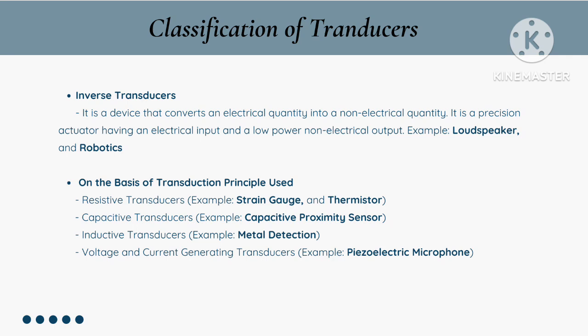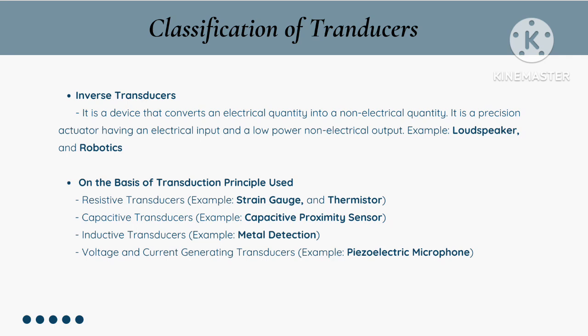So reliable kini siya, ang inductive transducers, for detecting metal objects, especially in environments nga naay hugaw, like dirt, dust, or harsh conditions, kay di na siya kinahanglan og physical contact with the object.